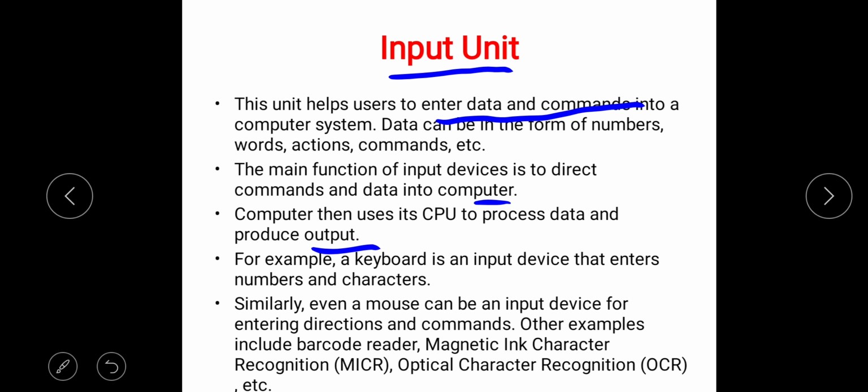Similarly, a mouse is a pointing device used to enter directions and commands. Another device you regularly observe is the barcode reader in shops or libraries. The user uses this to read the barcode for their operation. Also the magnetic ink character reader, MICR, or OCR, that is the optical character reader.